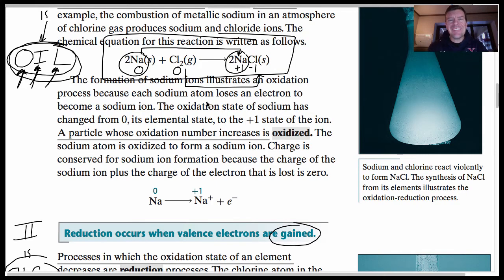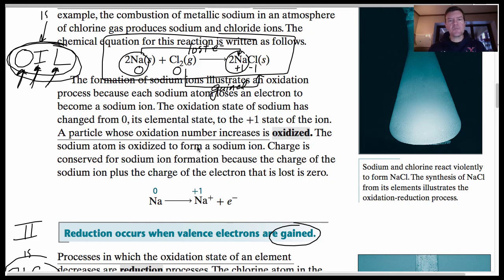How does it become more positive? It had to lose electrons. So the sodium is the one that lost electrons. It lost 1 electron. The chlorine went from 0 to -1, so it gained electrons. It became more negative. Electrons are negatively charged.